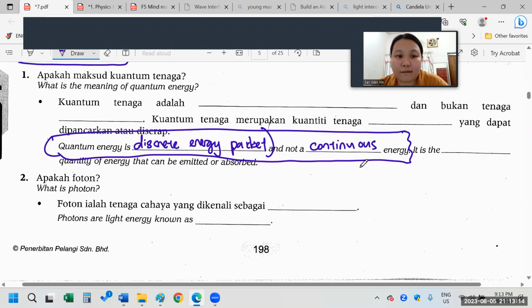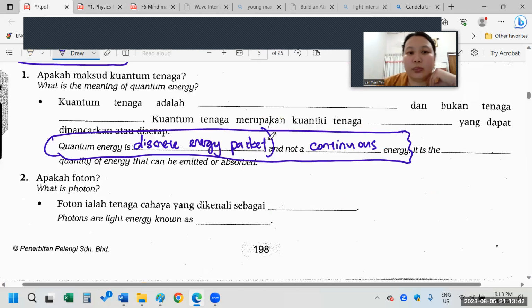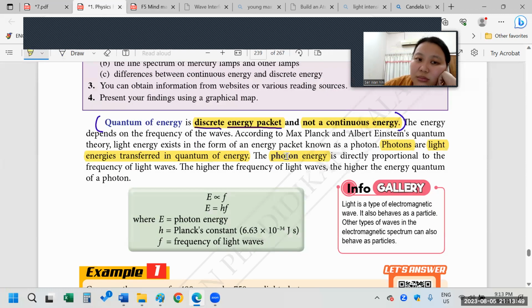Okay. So then, what is a photon? Photons are light energy known as energy packet.